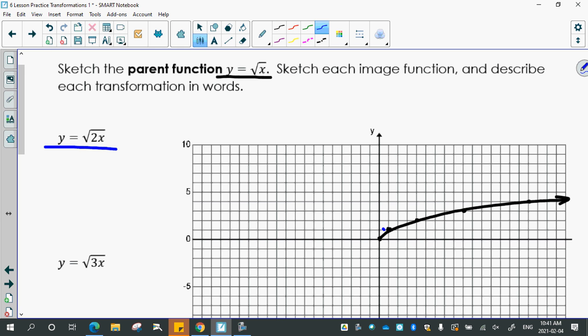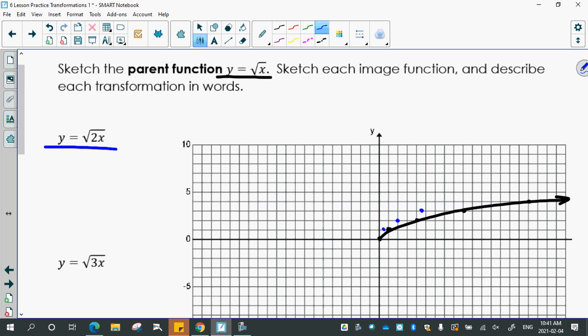So half of 3 is 1.5. So I'm going to go over 1.5, which puts me on a corner, but my up is still 1. My third over is normally 5. So half of 5 is 2.5. So now I'm going to go over 2.5, up 1.